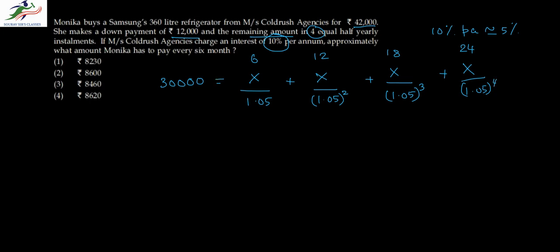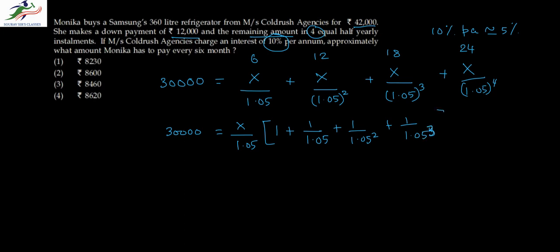So now I can simplify this. I can take X by 1.05 common, and I can get a GP series: 1 plus 1 by 1.05 plus 1 by 1.05 square plus 1 by 1.05 to the power 3. So I have 4 terms and I have a GP series, so I can easily get the sum of that.